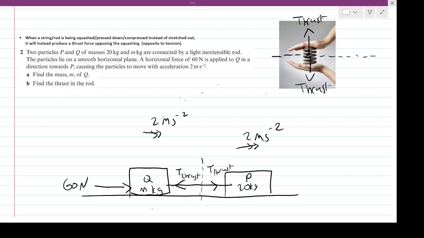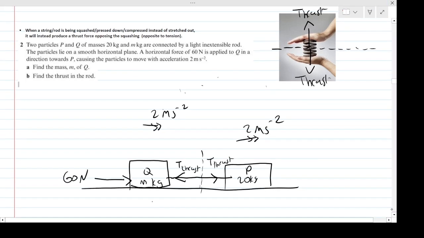So now we've got thrust, not tension, because Q is being pushed into the tow bar. The thrust wants to push it back out to oppose the squashing. Okay, so hopefully it made sense. So it's thrust, and you can see in part B he wants to find thrust, not tension here. Okay, so hopefully with me there.